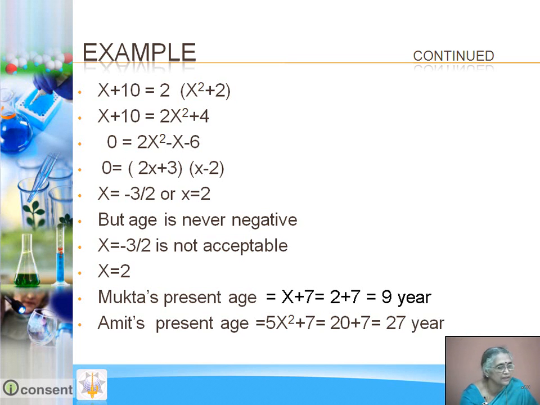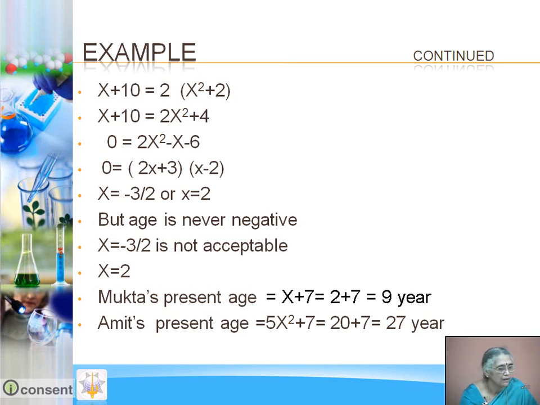So 0 is equal to (2x plus 3) into (x minus 2). What are the values of x? You will get x is equal to minus 3 by 2 or x is equal to 2. Now again here, as x is Mukta's age before 7 years, it is not negative, it will never be negative.